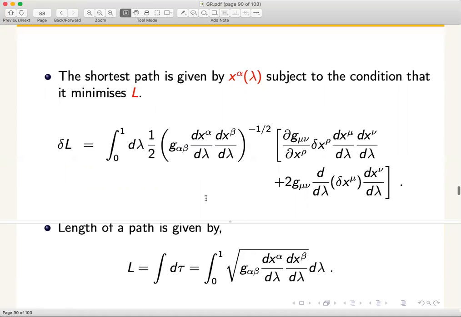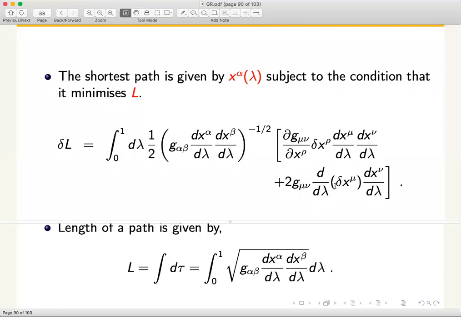So you get the expression. When you do a variation of the square root, it of course gives you the same quantity to the minus half power. Then you have terms like a variation of the coordinate inside g times these two pieces, plus 2 times the variation of this coordinate and the d by d lambda derivative of that variation.